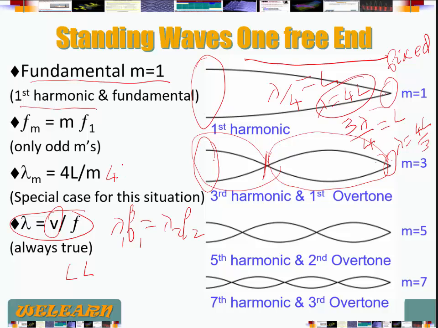So 4L, that's lambda, times f1 should be equal to lambda 2, which is what we got here, 4L over 3, times f2. You notice here the 4L's cancel out, and we end up having f2 is equal to 3 f1.